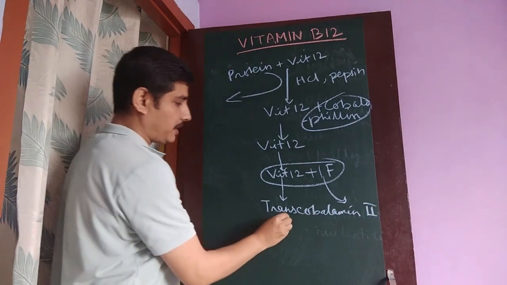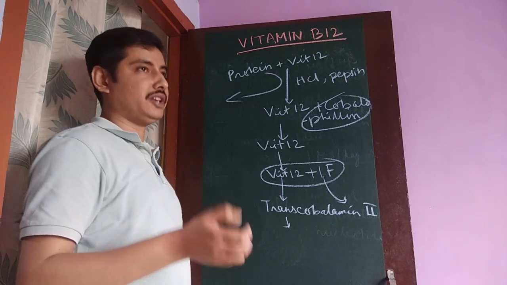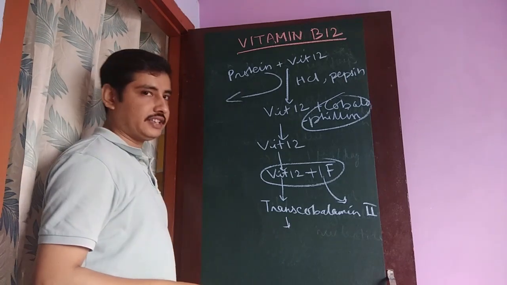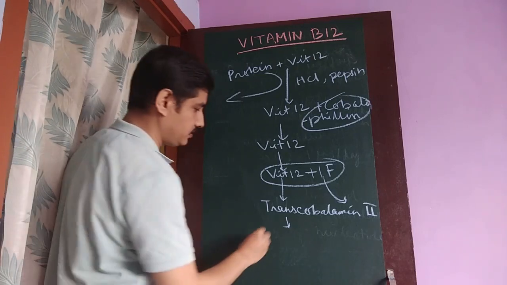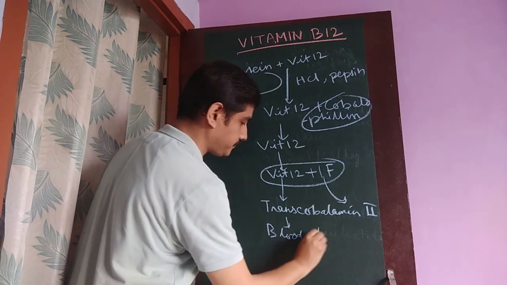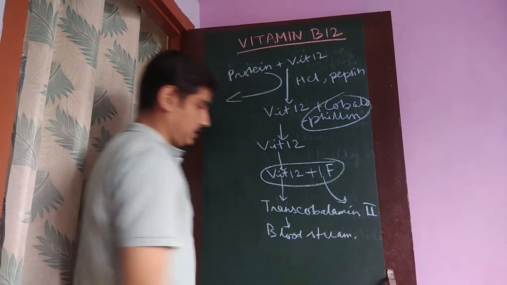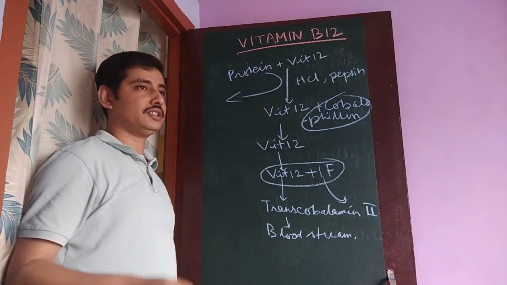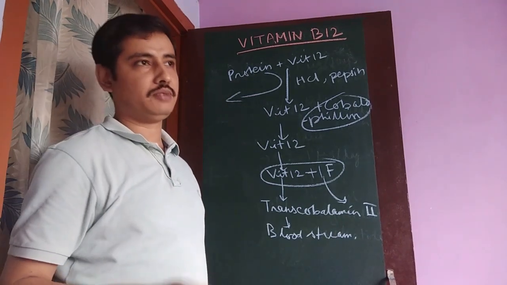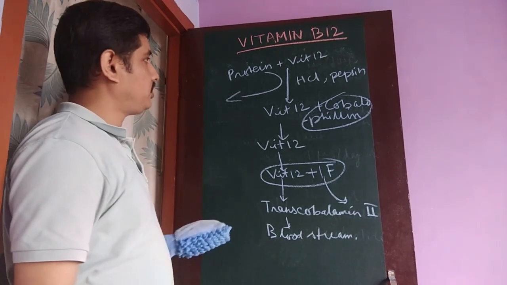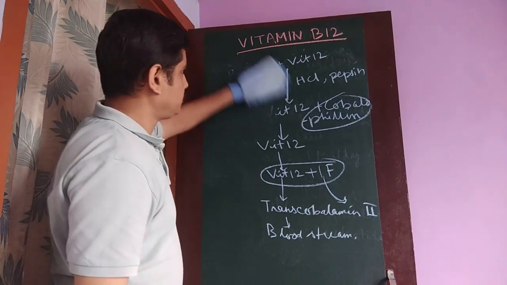Now it passes through the cell membrane of the intestinal mucosal cell and enters the capillary lining the mucosal cell. So it goes to the bloodstream and reaches the liver, and in the liver it is stored in the form of 5'-deoxyadenosylcobalamin with transcobalamin 1 or transcorin. So this is all about the absorption, transport and storage of vitamin B12.